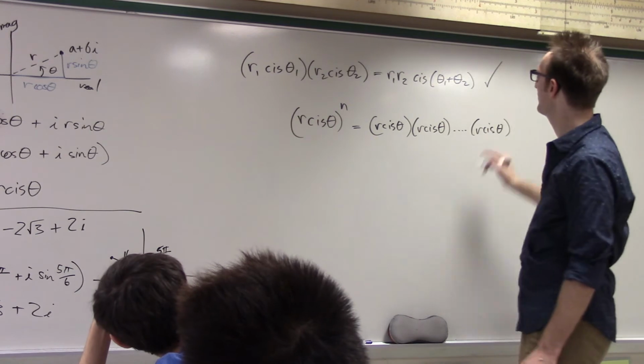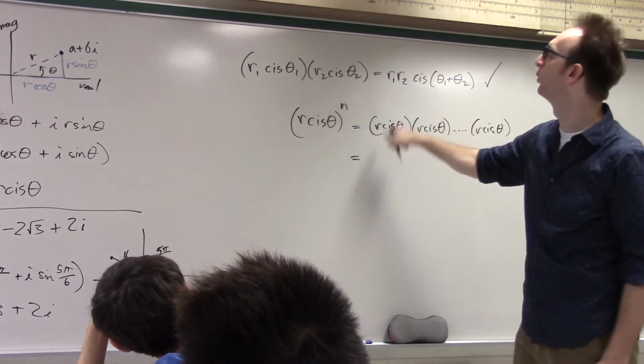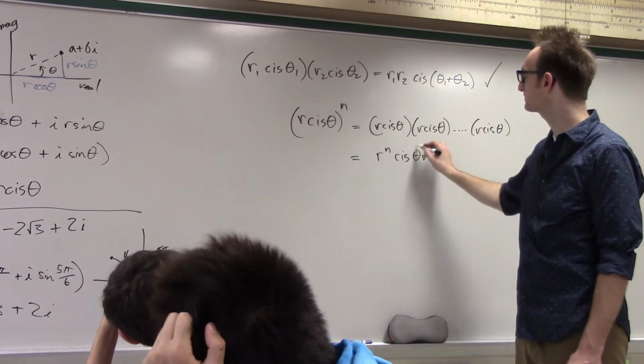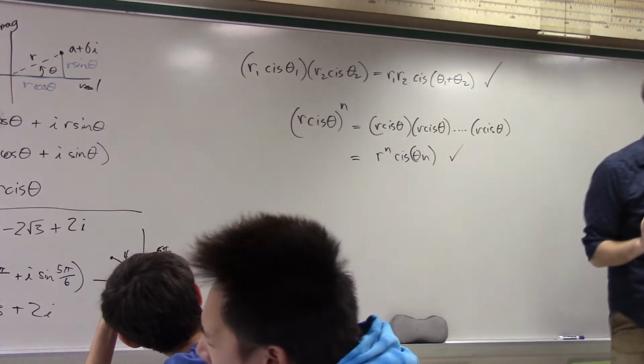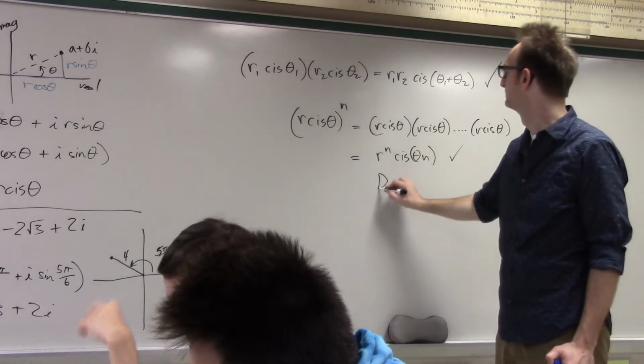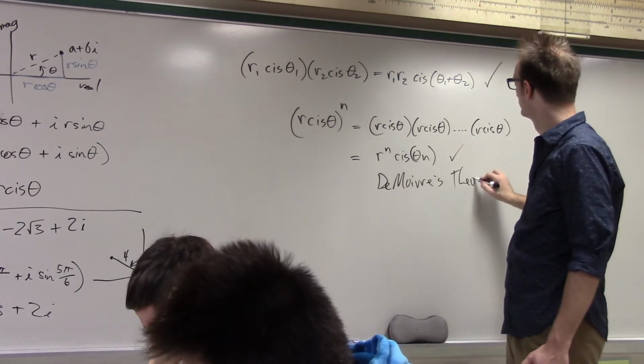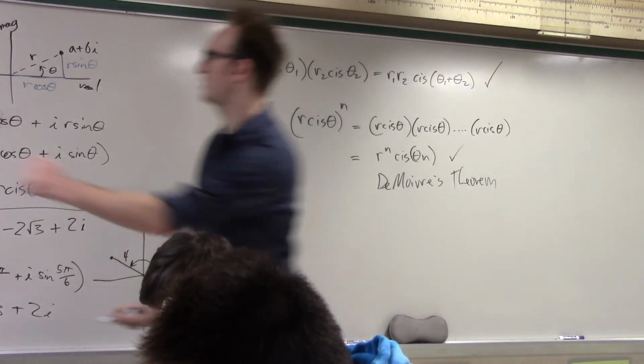So what does that turn out to be? Well, based on the above rule, you're going to have r to the n cis theta n. And this is called de Moivre's theorem. Can you spell that? Or however, I can't pronounce French properly.